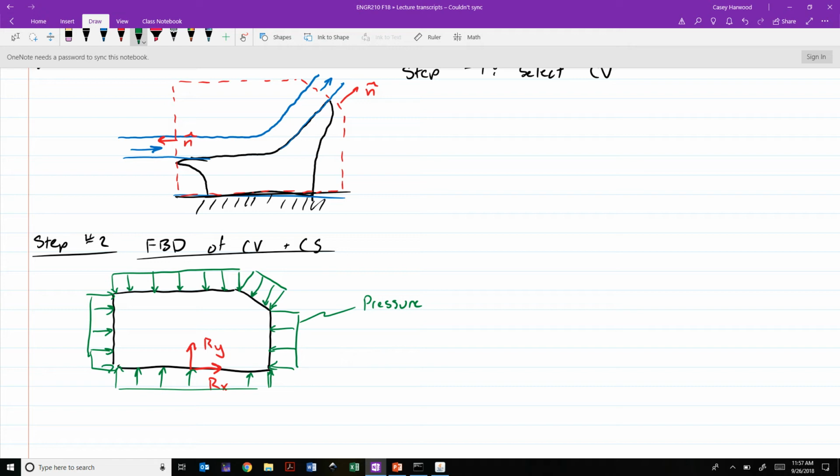Free jets, as we established using the Bernoulli equation, are at atmospheric pressure. So all the way around, the pressure is atmospheric, which means all of the pressure forces cancel out, because P atmosphere is uniform over the control surface.